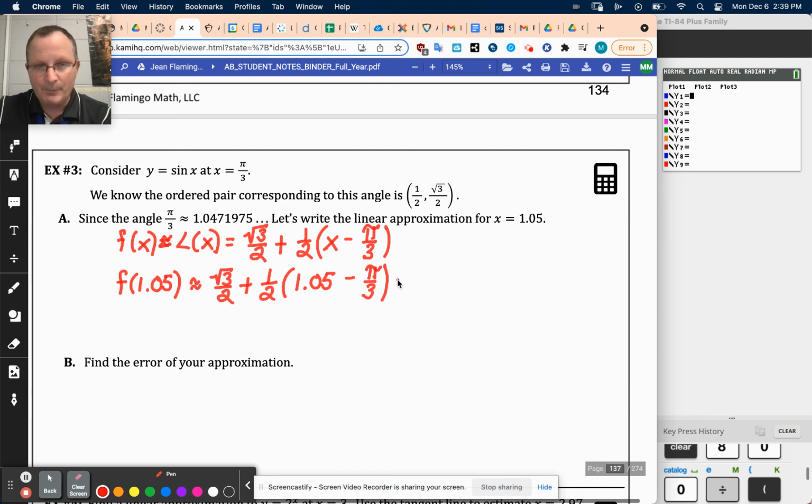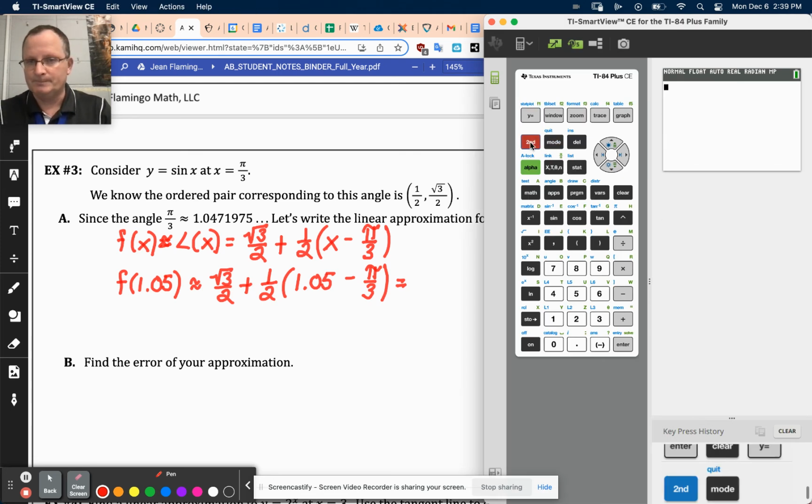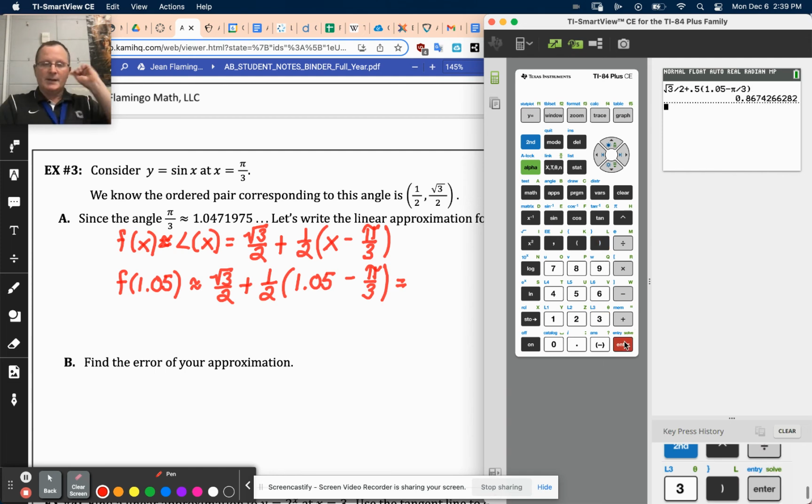So I need the calculator: square root of 3 over 2, plus 1/2 times 1.05 minus pi over 3. And there we go.